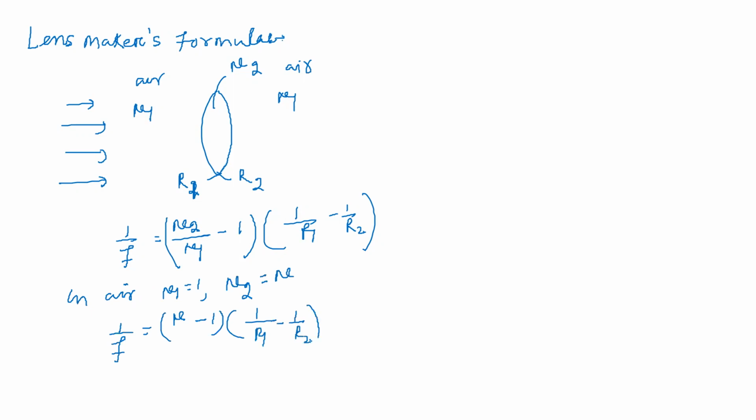But students, sometimes you will get a question where the lens is placed in a medium. Let this side have refractive index mu1, the refractive index of the lens is mu2, and on the other side there is another medium mu3. Let this side have radius of curvature r1 and this side r2.